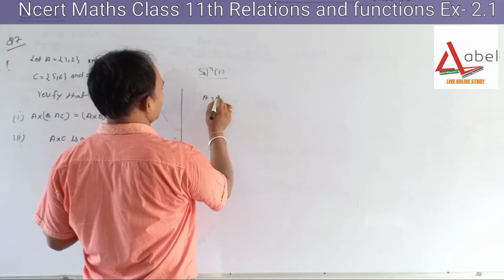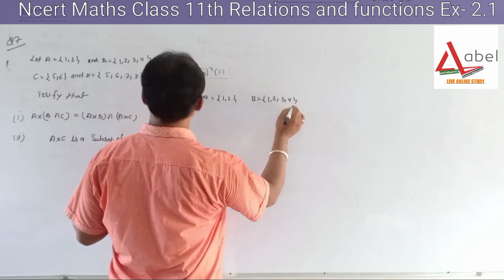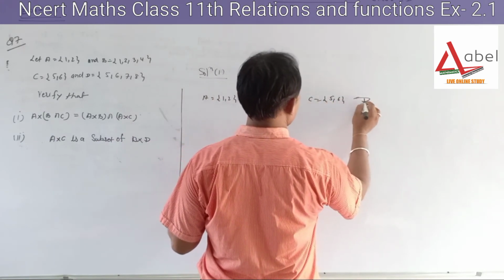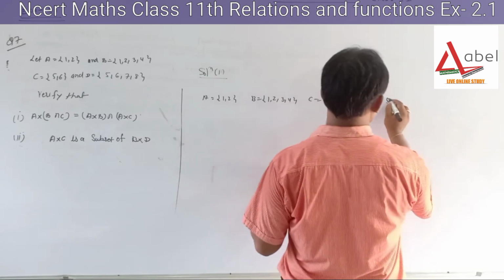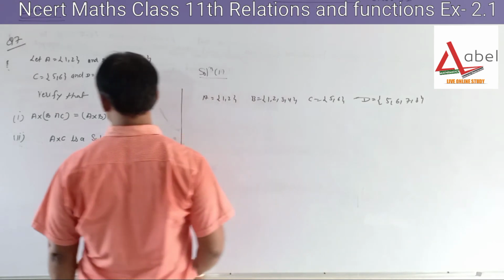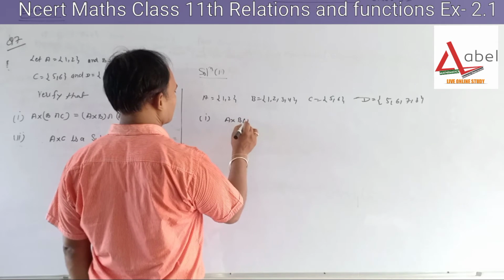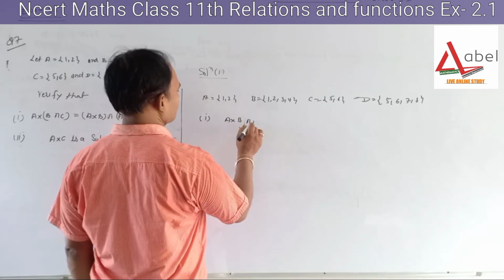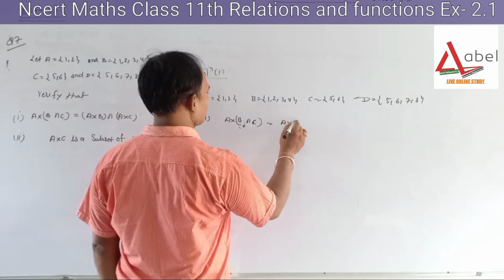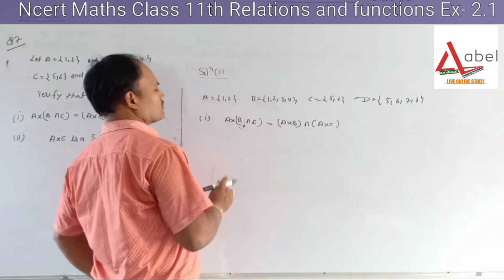A equals {1, 2}, B equals {1, 2, 3, 4}, C equals {5, 6}, and D equals {5, 6, 7, 8}. It is given. Now we have to find, first, A cross (B intersection C) equals (A cross B) intersection (A cross C).